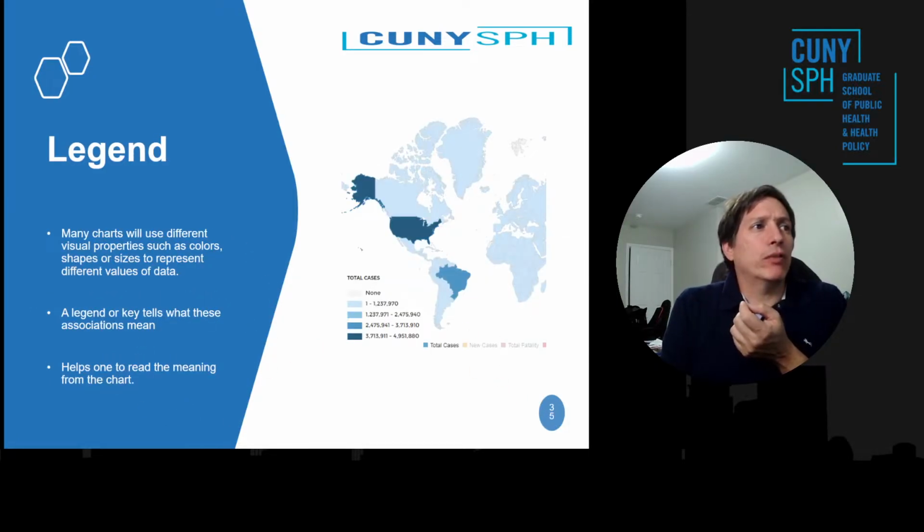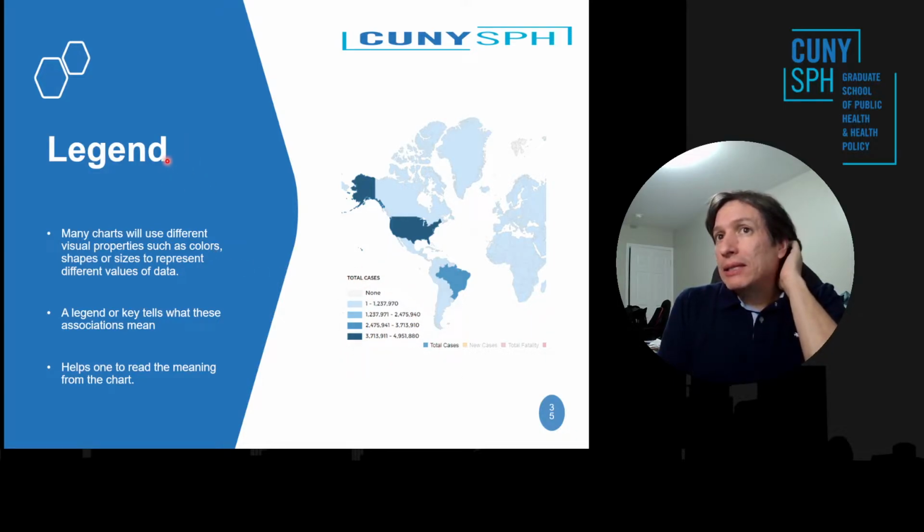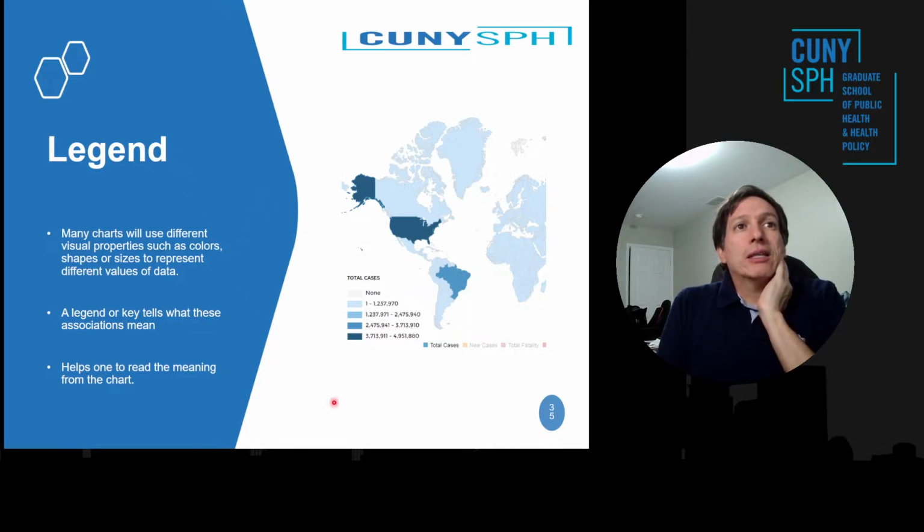Like in the next example, for example, you see that the total cases are represented in magnitude, and we have a scale here. But also at the same time, this is the legend. The legend is telling us the meaning of the marks, and in this case we have a map. This is called a choropleth, where we are representing magnitudes within countries using the intensity of color, and it's a key element to tell us how things are related.